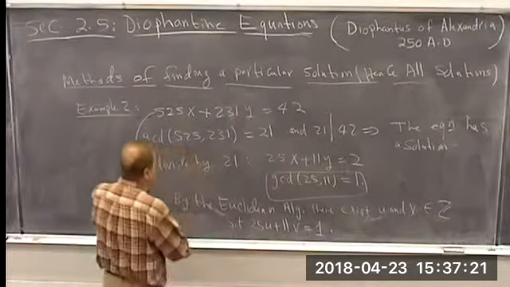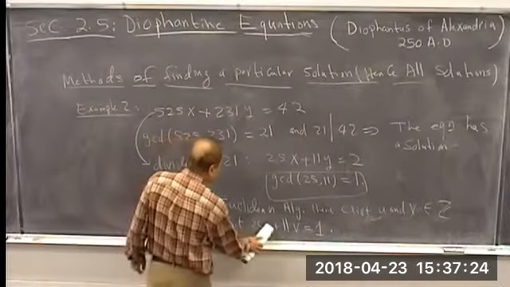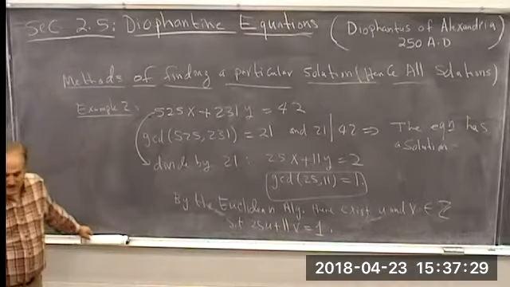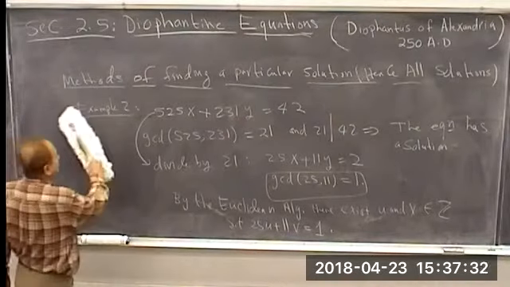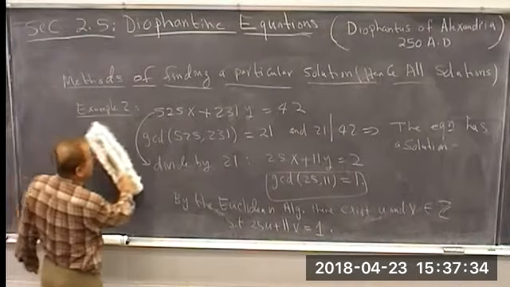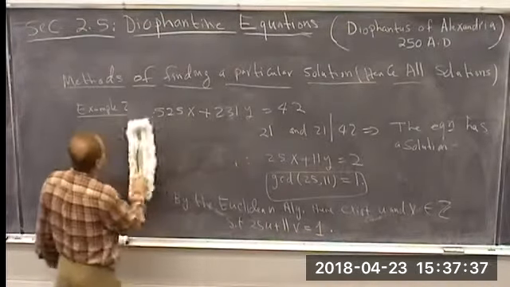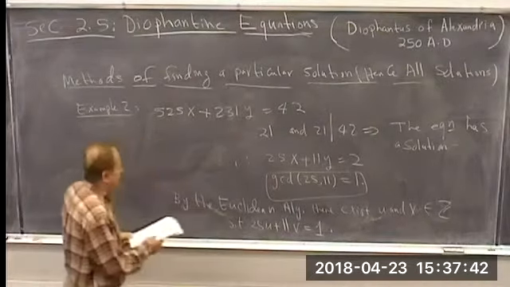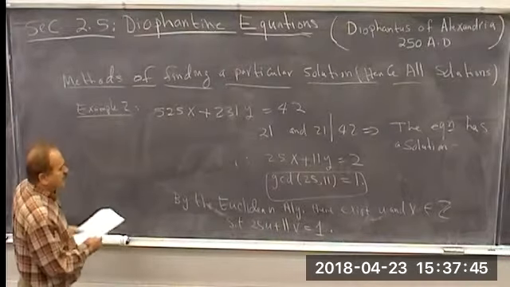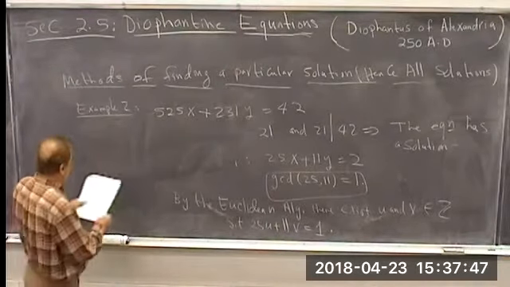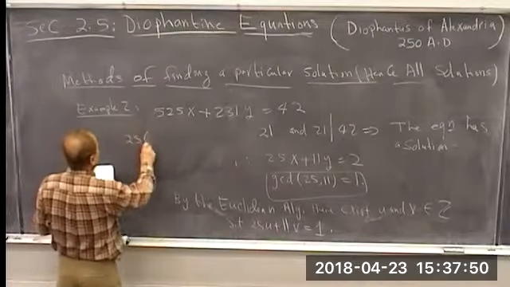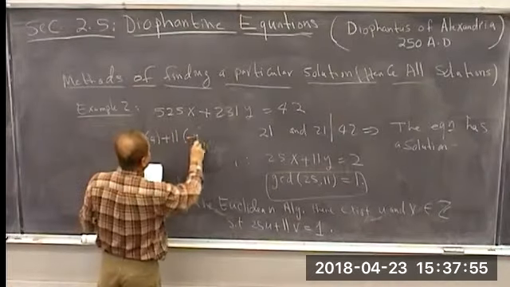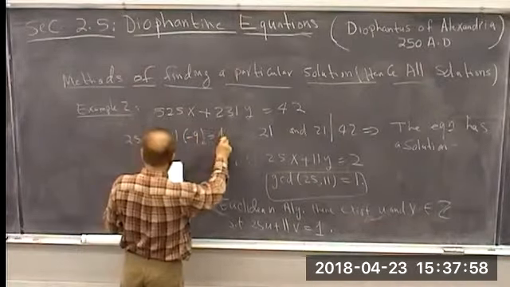So let's write what are those u and v that give me a 1. In other words, we will find these from the Euclidean algorithm, and I'm just going to have the answer in here. These values are not unique, but there are infinitely many values. So one of the values you get is 25 multiplied by 4 plus 11 multiplied by negative 9. In fact, this is equal to 1.